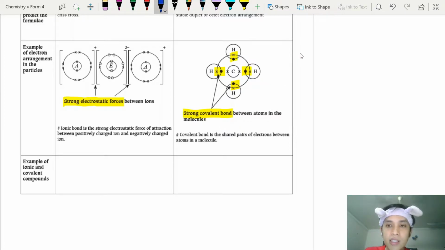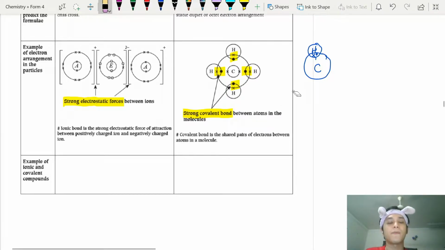You either draw it like this, or put the dot and cross in the middle, in the space here. That's also acceptable. There's no right or wrong. Just make sure that you draw it these two ways only, no other than that.